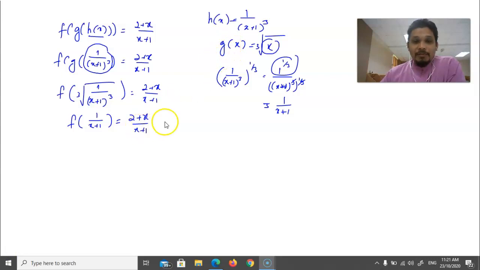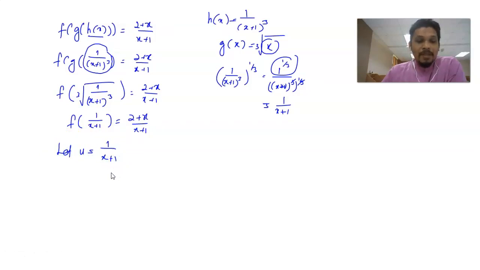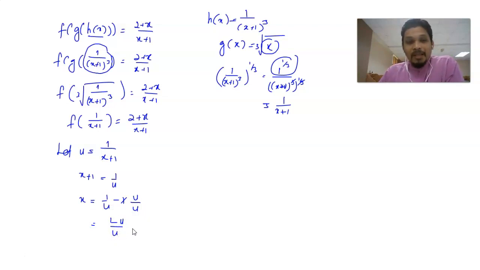Okay, so now for this one, we are going to make a substitution. Let u equal 1 over x plus 1. Then x plus 1 equals 1 over u, and x equals 1 over u minus 1, which changes in terms of u into 1 minus u over u.